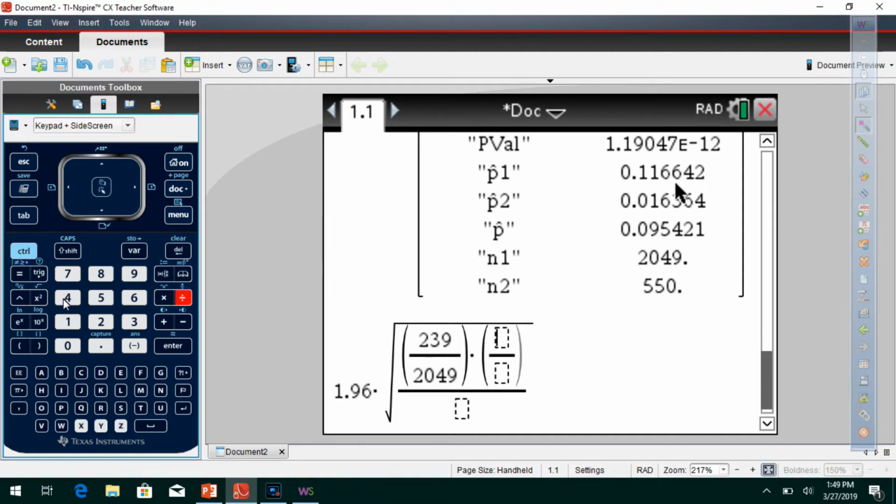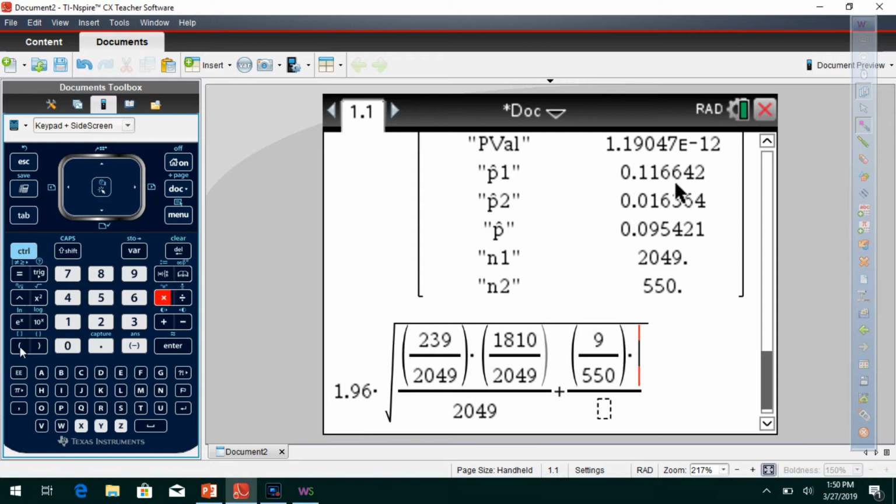And then 1810 over 2049, and then 2049, plus control divide, and then we open parentheses, control divide, 9 over 550 times 541 over 550, and that's over 550.